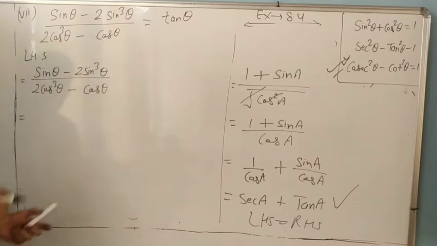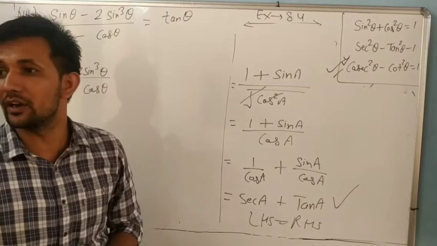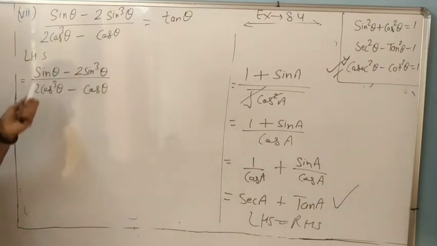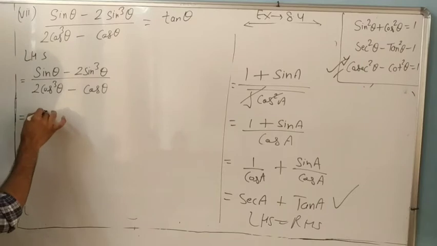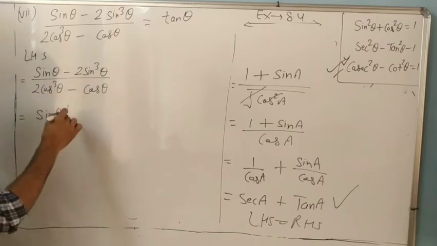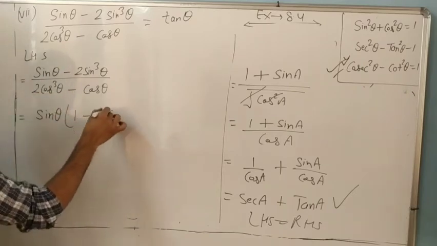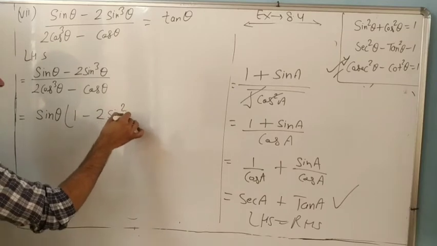We want to change it into tan, dear. Look at now. Is there any common factor in the numerator? Yes. Sin theta is common. What remains? 1 minus 2 sin square theta.